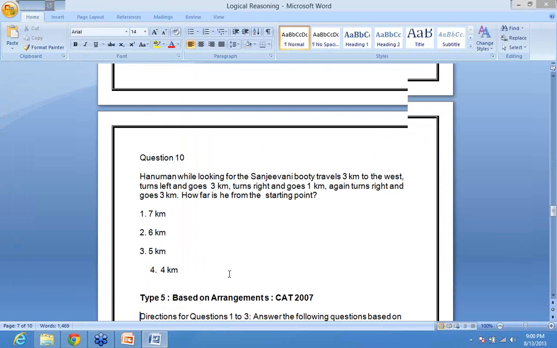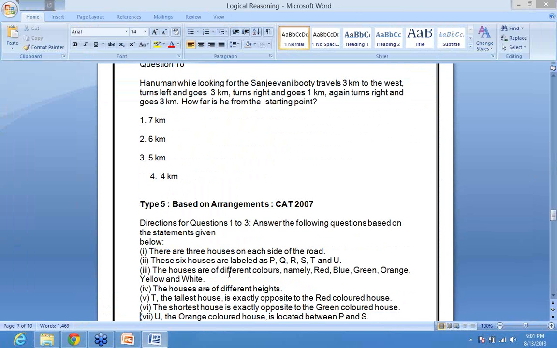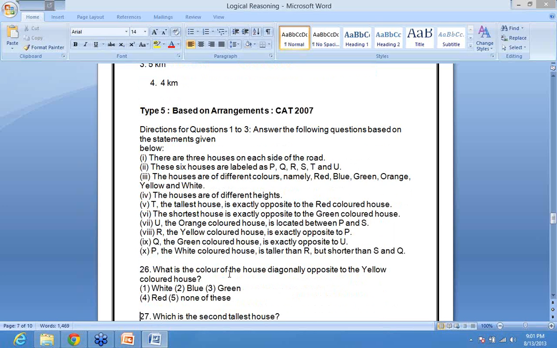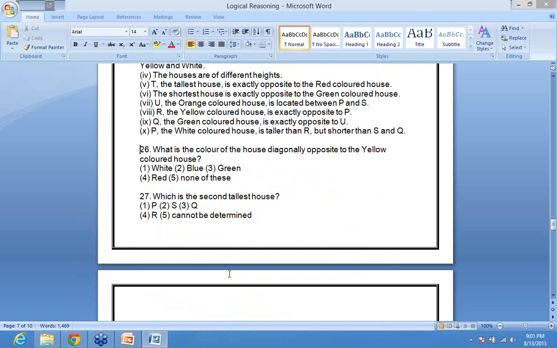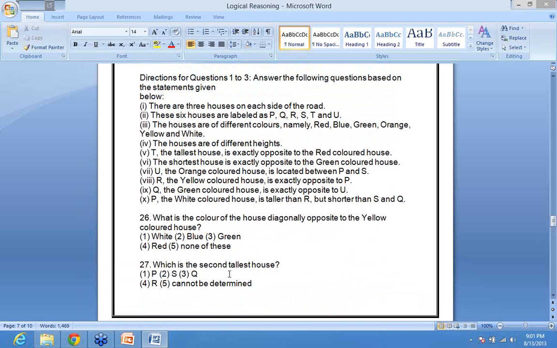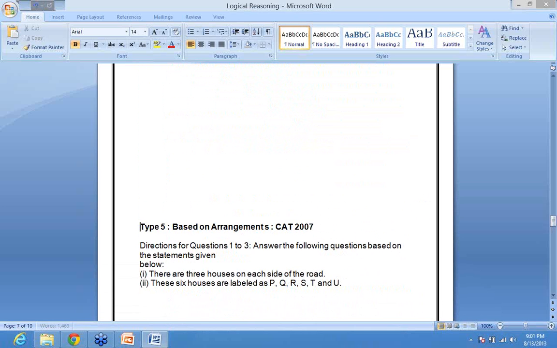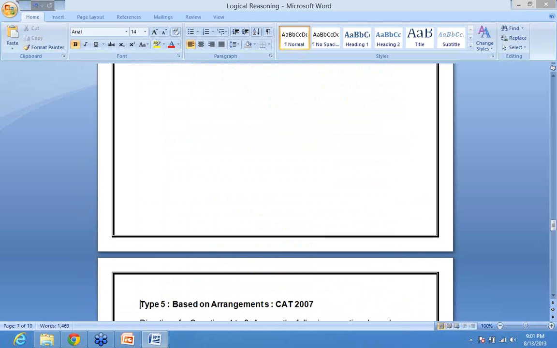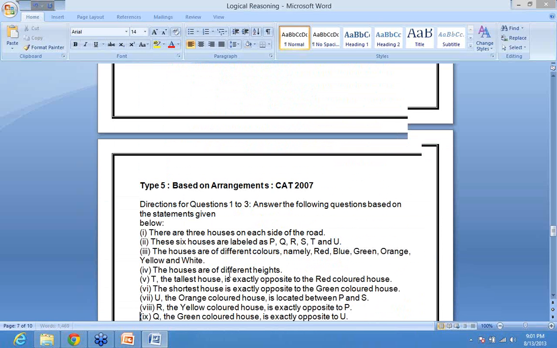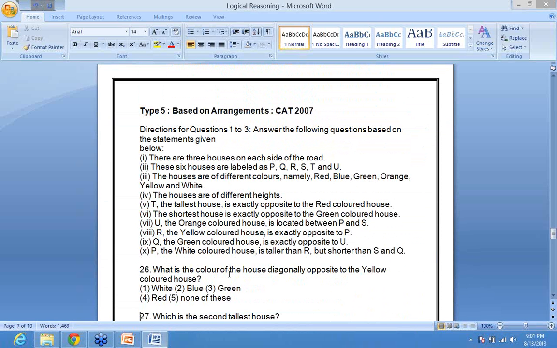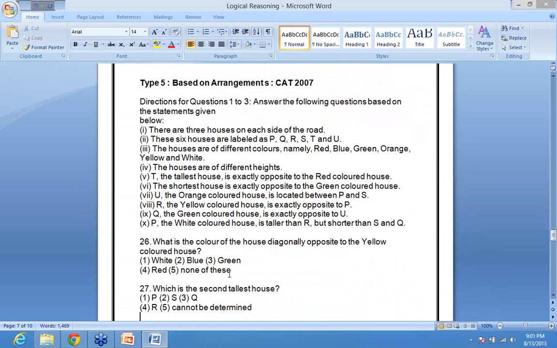Now coming to one of the important sections, which is based on arrangements. So I have picked up a CAT 2007 question here for you to solve, and this is a tough question, but I am pretty sure you will be able to solve it. Read the question.